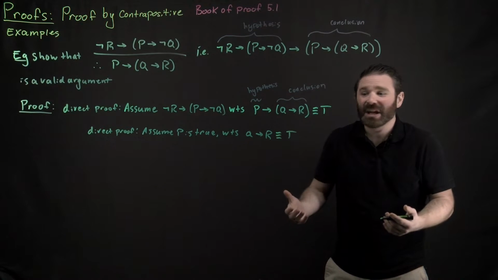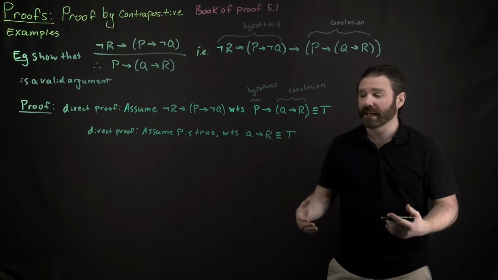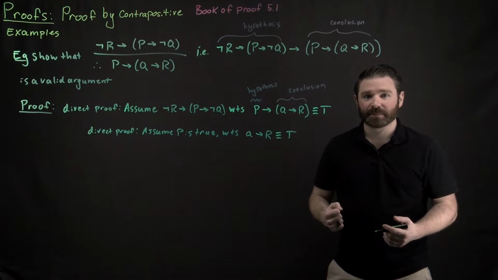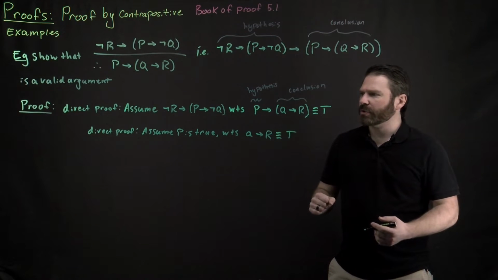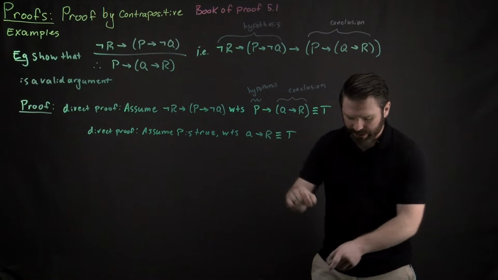Well, here again, we have another implication. So we're going to have to apply another proof technique to try to show that this is a true statement. So I could try another direct proof technique. I would be assuming my hypothesis here.